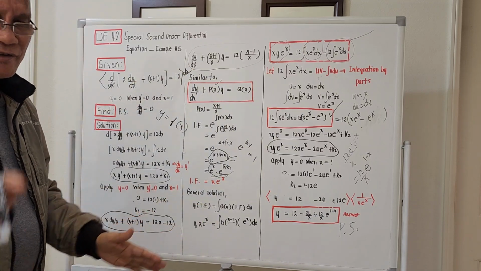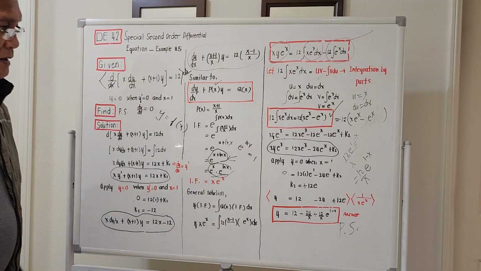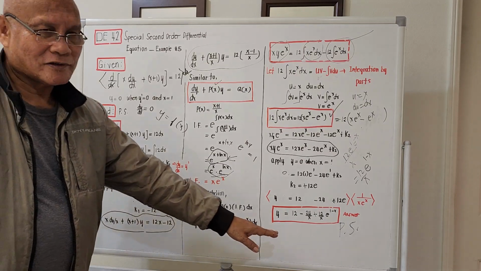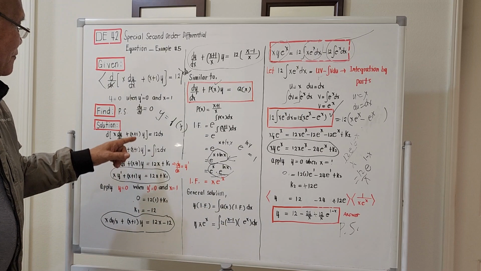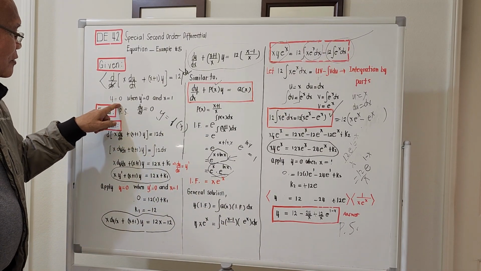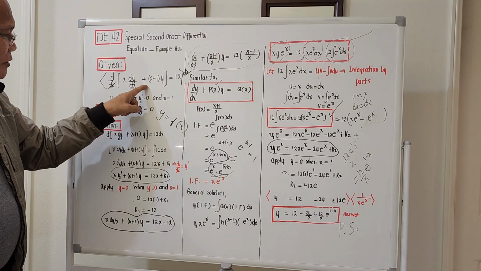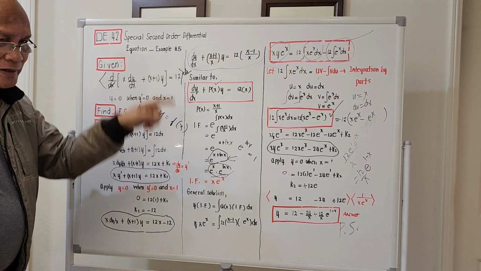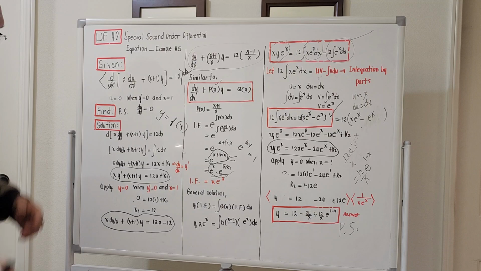Same as the last example. The only difference is that for this, we are asked the particular solution because we are given the initial condition y equal to 0 when y prime is equal to 0, same as dy dx, and when x is equal to 1. That's it, guys.